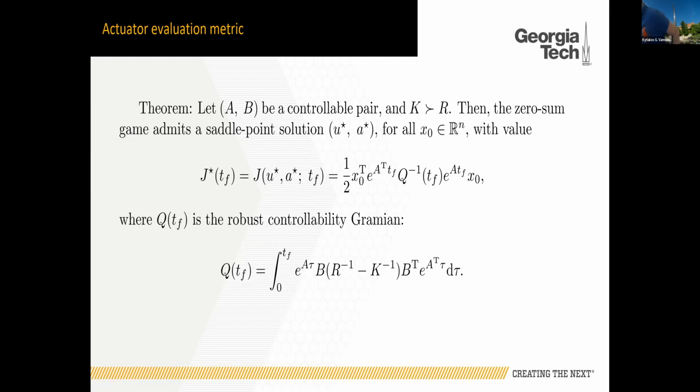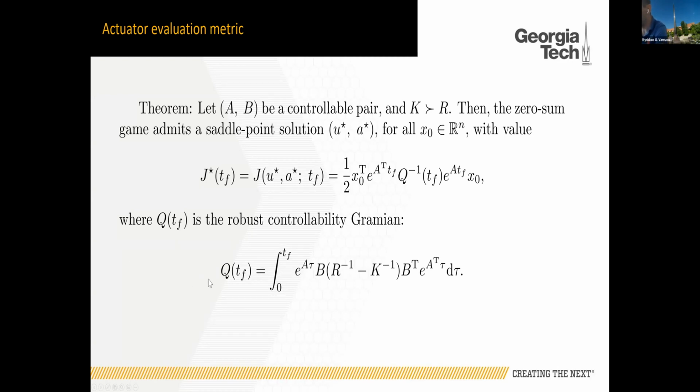Of course, we have to get some guaranteed assumptions to work. If the system is controllable, and my K is greater than R, then I have a saddle point solution, and I can find what the saddle point solution is. And this Q that you see here is the controllability Gramian.